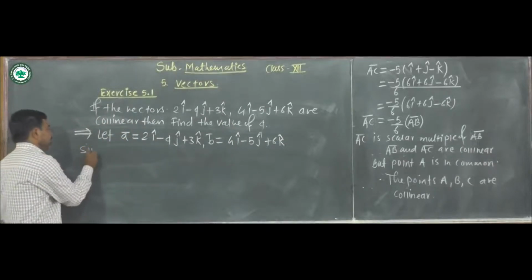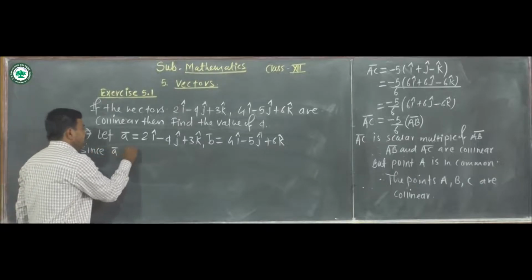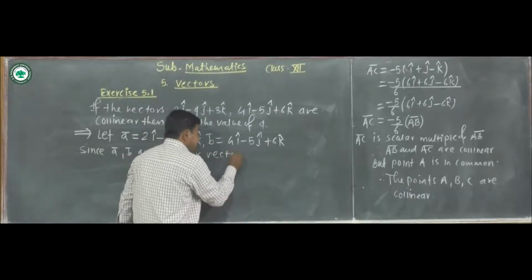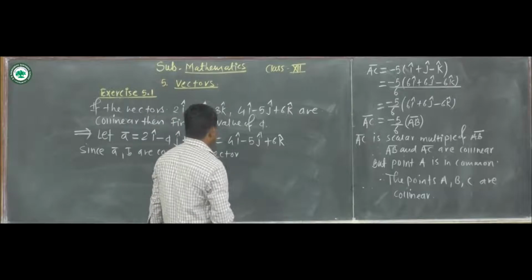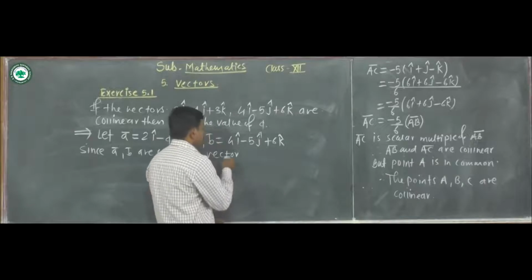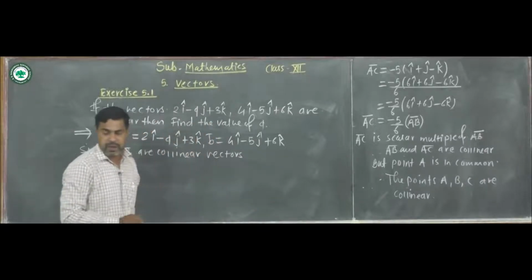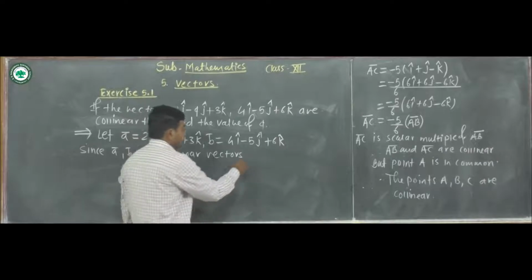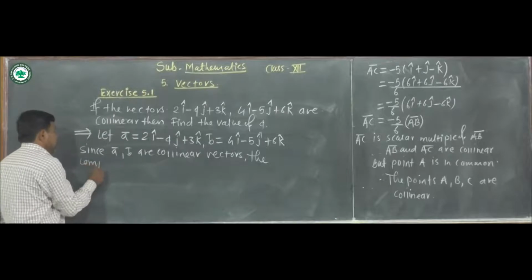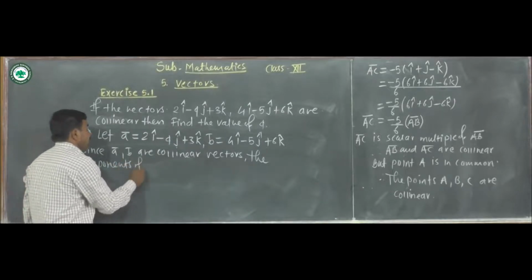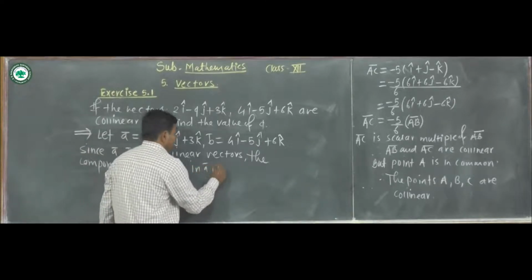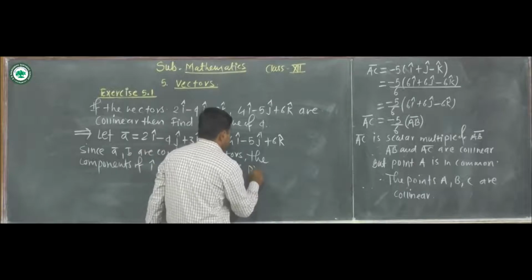Since A bar, B bar are collinear vectors, and as I have explained, if two vectors are collinear, then the components of i cap, j cap and k cap in A bar, B bar are proportional.